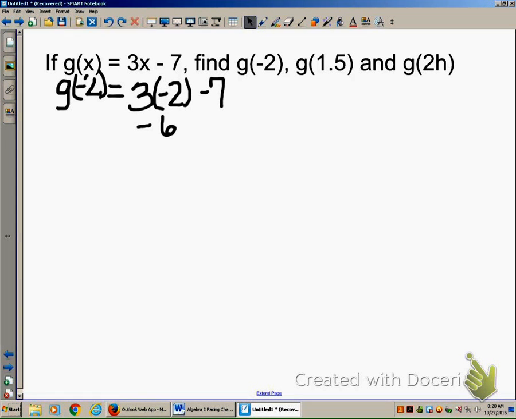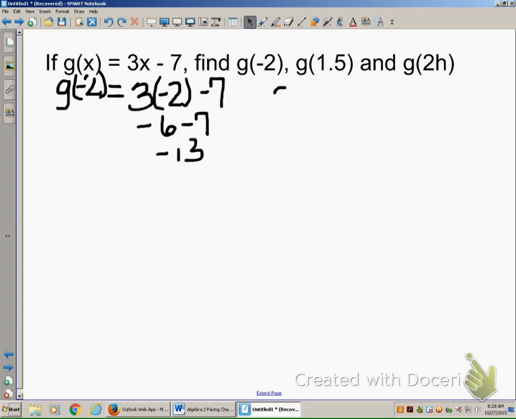It's going to be a little bit harder than I thought to line it up because my writing's bigger. So I've got 3. Now in place of my x, I want to plug in negative 2, but I keep everything else the same. So 3 times negative 2, we know is negative 6. Negative 6 take away 7 is negative 13. So g of negative 2 is negative 13.